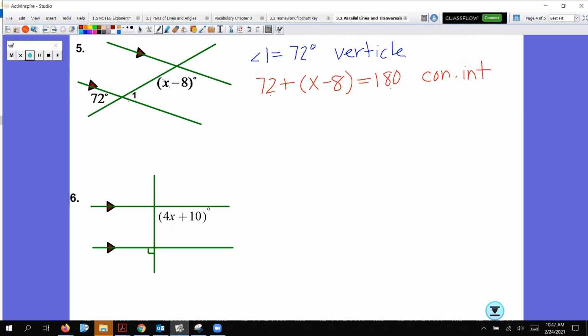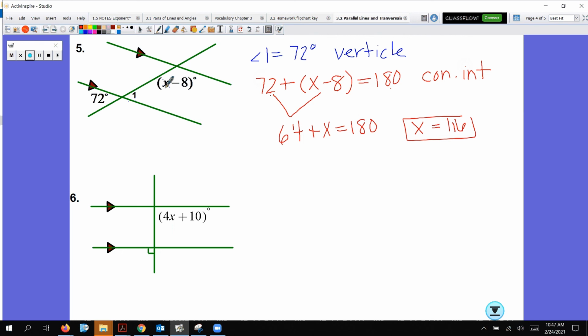Combine like terms, so I have 72 and negative 8 on this same side of the equation. When I bring those together, I get, sorry, my brain's not working so good. 64 plus x equals 180. I subtract 64 from 180, and I get x is equal to 116.